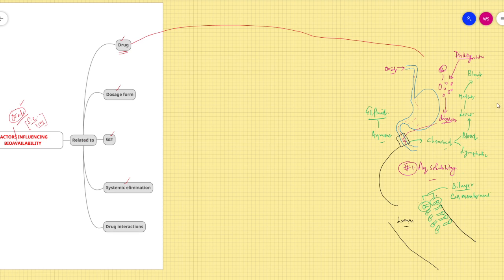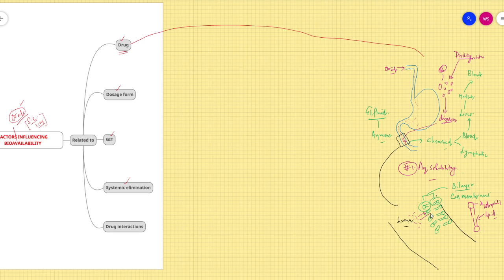This drug, we said, has already dissolved, and it should have an affinity for the polar region. If we consider this structure here, this is hydrophilic, and this is a lipid environment. So for the drug to be absorbed, it needs to traverse this membrane.